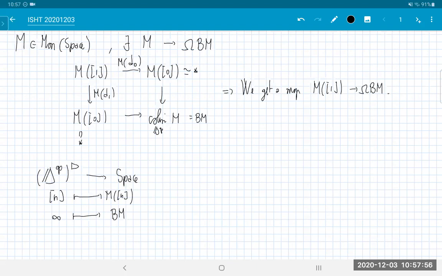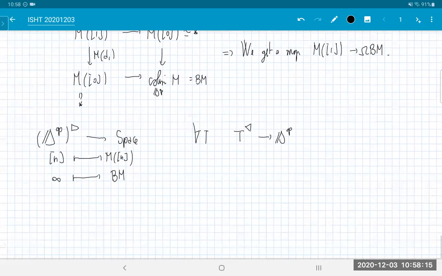That's just a colimit diagram. And we can find a fragment here by taking, for every t, a map from t cone to delta op.